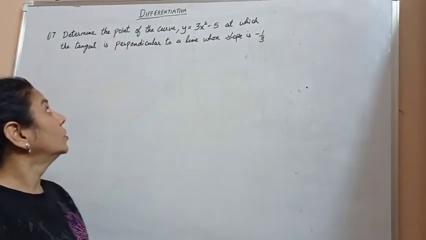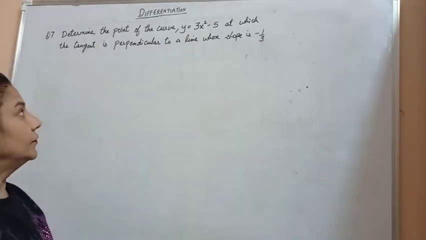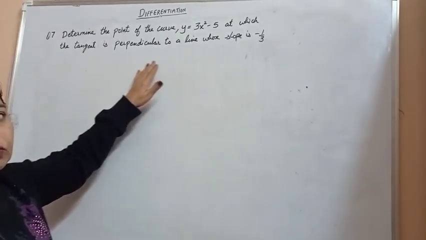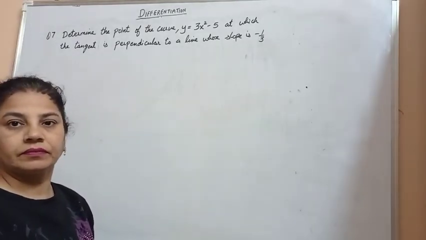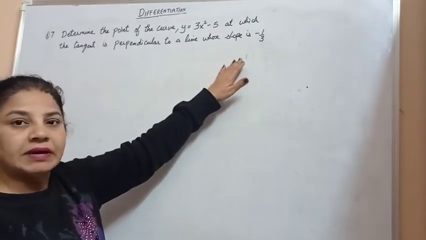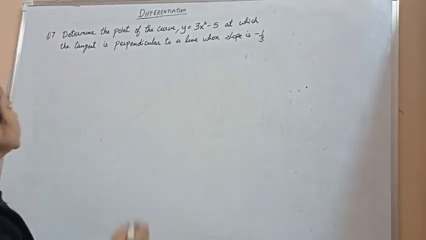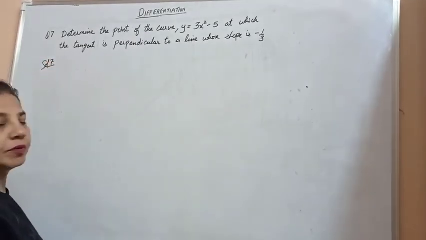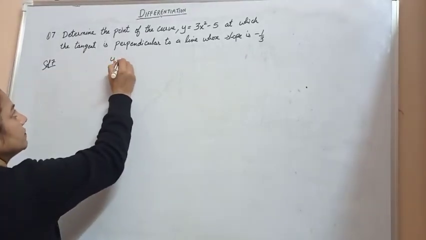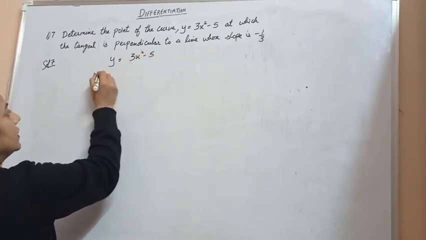Determine the point of the curve y is equal to 3x square minus 5 at which the tangent is perpendicular to the line whose slope is minus 1 by 3. The slope of line is minus 1 by 3, given to us. We find the slope of the curve. Slope of the curve means slope of tangent. So curve is given as y is equal to 3x square minus 5.